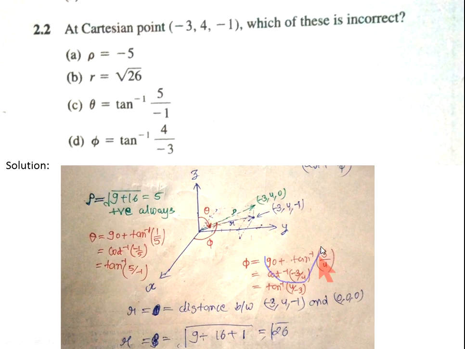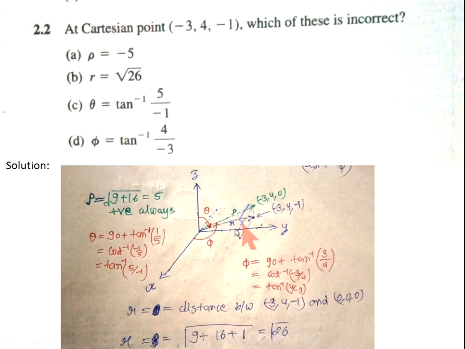Now come to the last option, that is D. Where phi, what is phi? Phi is the angle from the x axis to 90 plus something, this angle. Okay, so theta equals 90 plus tan inverse 3 by 5. What is 3 by 5? 3 by 4.